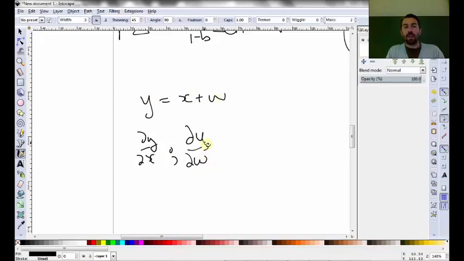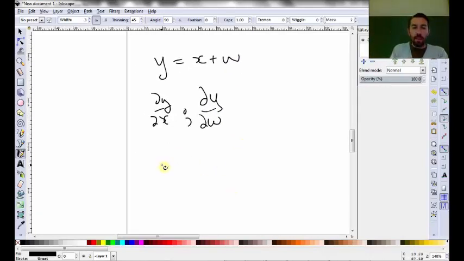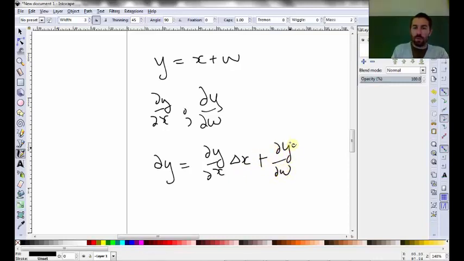And if I change w, it will have a change in y. If I change x and I change w, what will my change in y be? My change in y will be the partial derivative with respect to x times change in x, plus the partial derivative with respect to w times change in w. Okay?